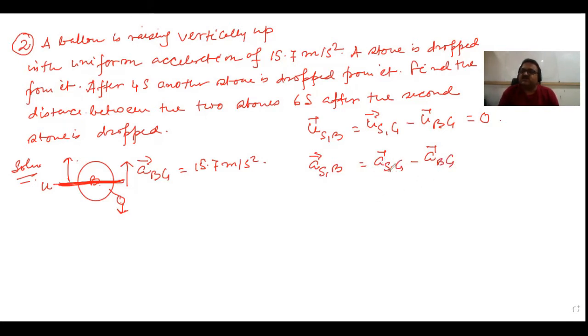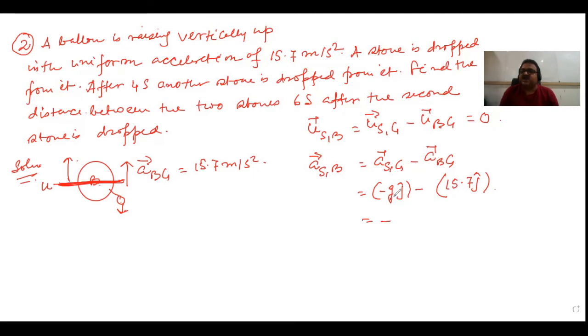Now the stone is under free fall, so its acceleration is minus g j cap. What is the acceleration of the balloon with respect to ground? It is moving up, so it is 15.7 j cap upward. So what is the net result? This is minus g j cap, in which direction? Downward. So this will be nothing but g, correct?